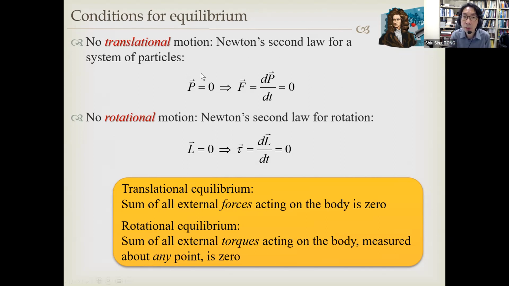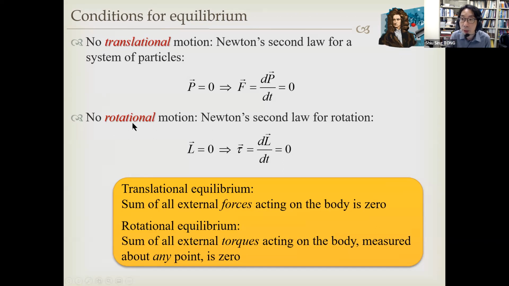So the momentum being equal to 0 refers to the momentum of the center of mass, and the net force acting on the object being 0 refers to the net force, which is equal to the rate of change of the momentum of the center of mass. That is the condition for translational equilibrium.